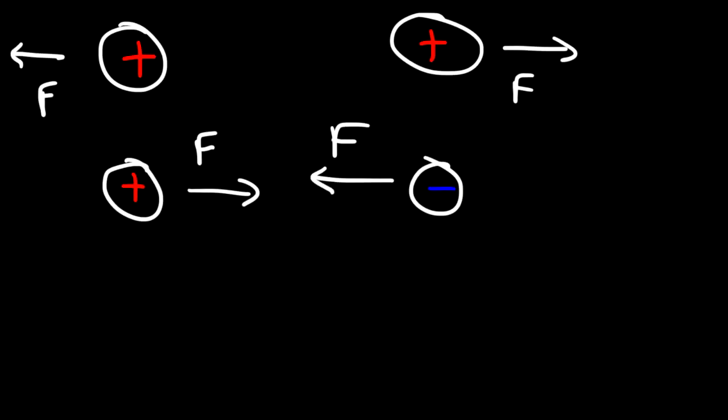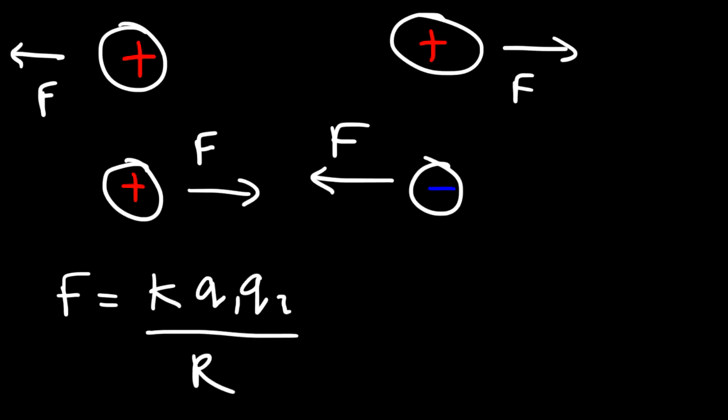And you could quantify this force using Coulomb's law. And here it is. So the electrostatic force between two charges is equal to K times Q1 times Q2 divided by R squared. Now K is a constant.